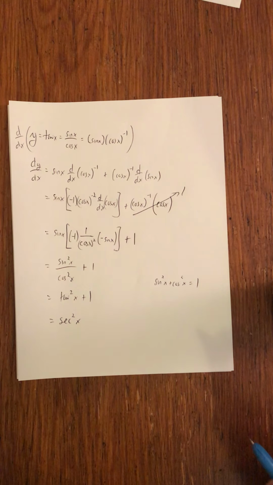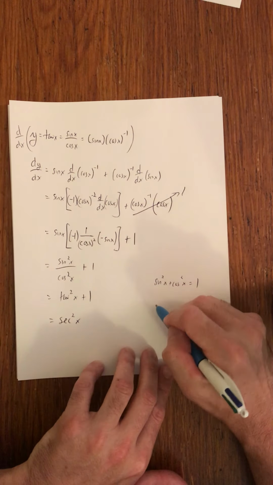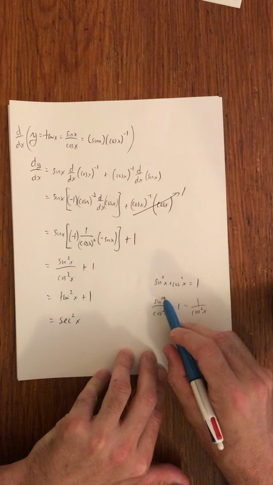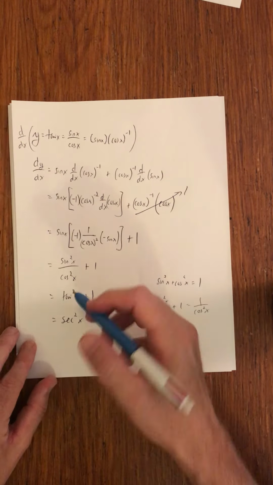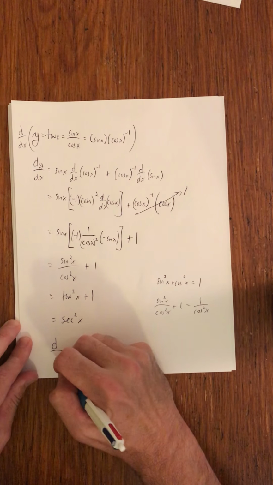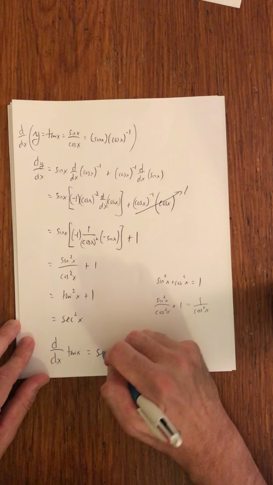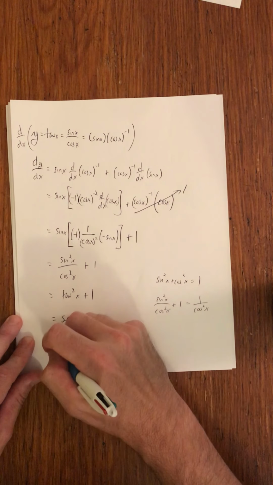If I divide both sides by cosine squared of x, I end up with sine squared of x over cosine squared of x plus 1 is equal to 1 over cosine squared of x, and that's, of course, tangent squared plus 1, and that is secant squared. So I've got a rule now. The derivative with respect to x of tangent of x is equal to secant squared of x.